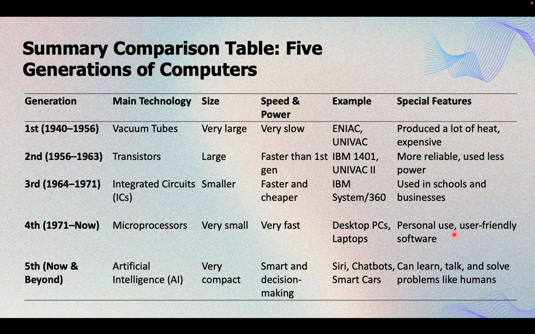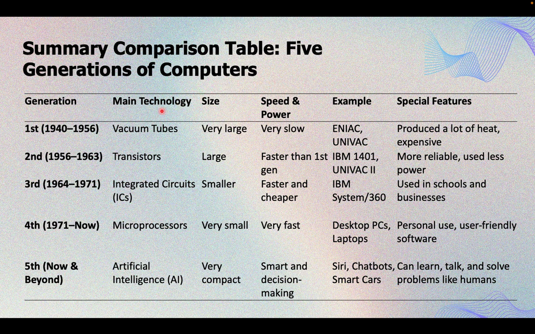Now, let's look at a brief summary of all that we have discussed. We have discussed from the first generation of computers to the fifth generation, that is from 1940 to now and beyond. Each of the generations comes with some unique development.